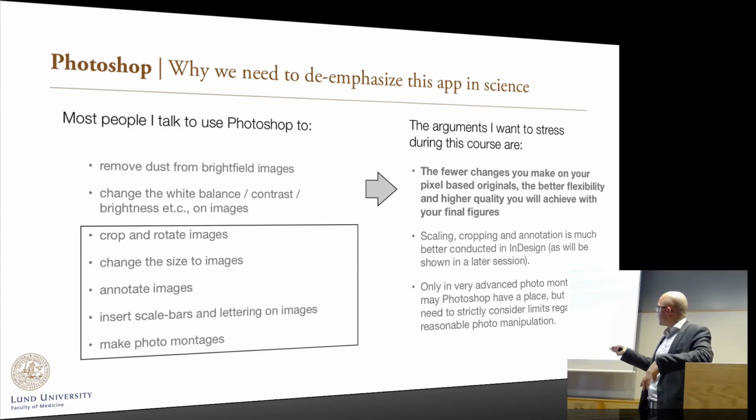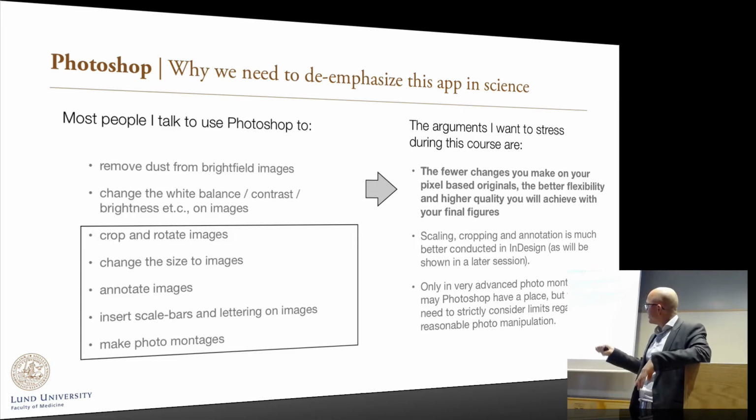And the other part is clearly that Photoshop is pixel-based software. So what comes out is always based on pixels. And all of these things, you really do not want to have them as pixels. You don't want to have scale bars and lettering on the images as pixels. You want to have these adjustable. And also, the photo montages are much better if they are maintained as a single image.